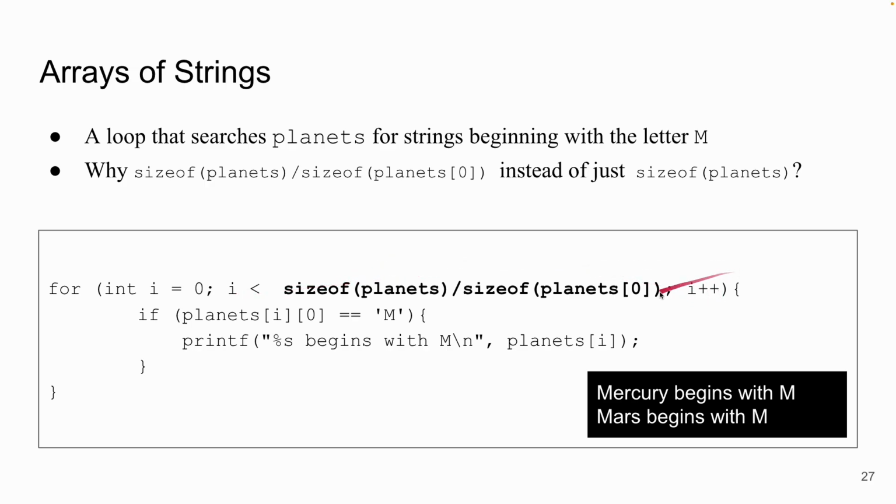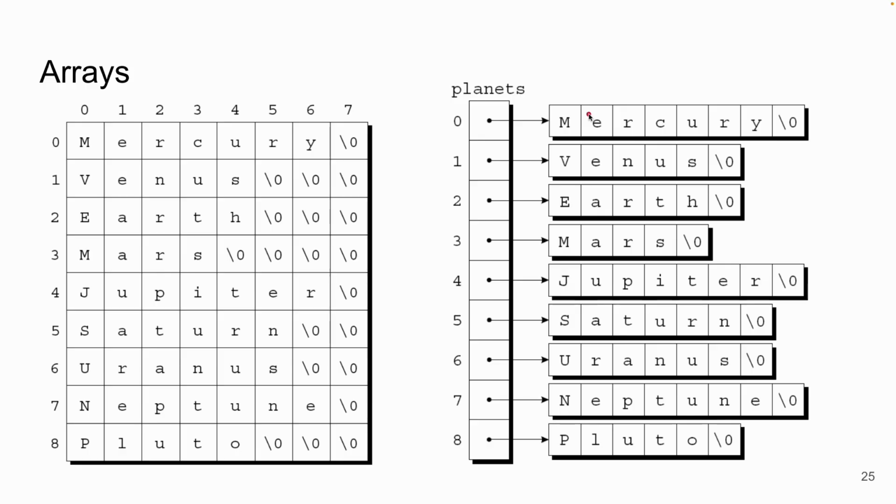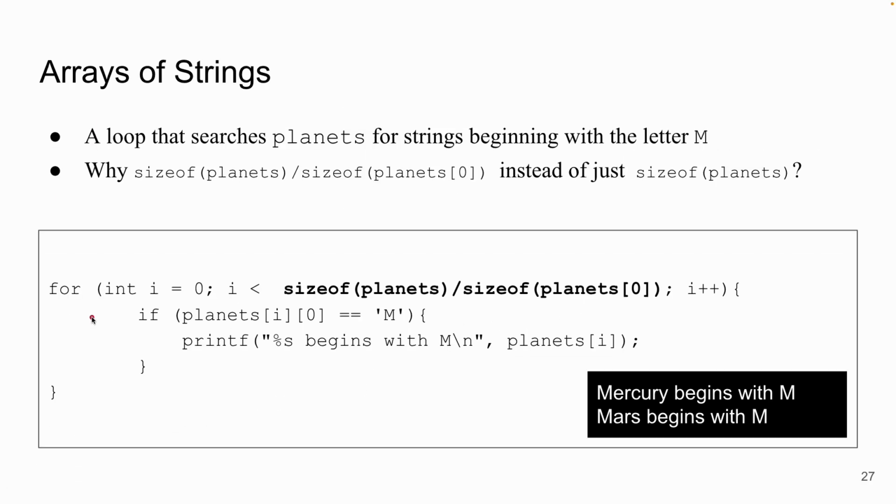We will check out the controlling expression later, but let's check out what we have in the for loop body here. In the for loop body, I have an if statement, right? In this if statement, I use the technique I introduced here to access the first letter of each planet's name. To access that, I put down the index 0 for the column, because the 0 column stores the beginning letter of the planet's name.